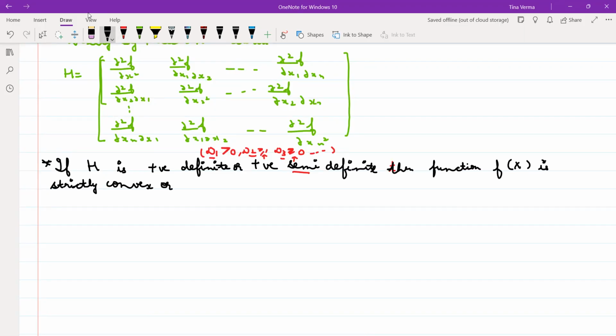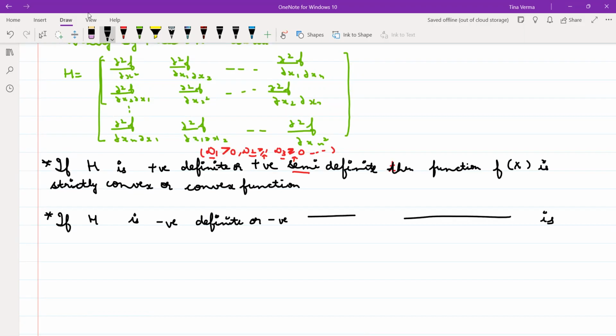Or if it is positive semi-definite, then you can just say it is convex. So the function f(x) is strictly convex or convex function. On the other hand, if H is negative definite or negative semi-definite, then the function f of x is strictly concave or concave function.